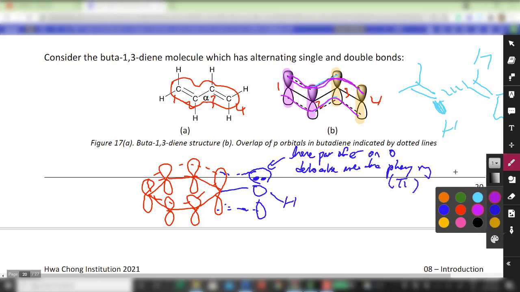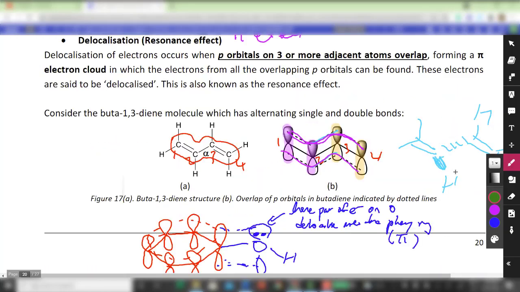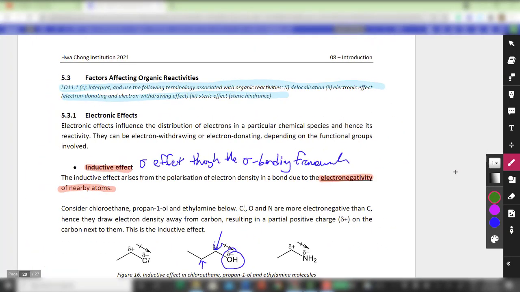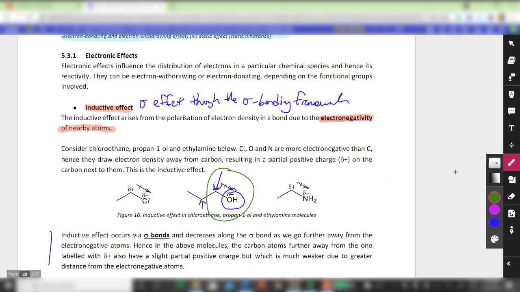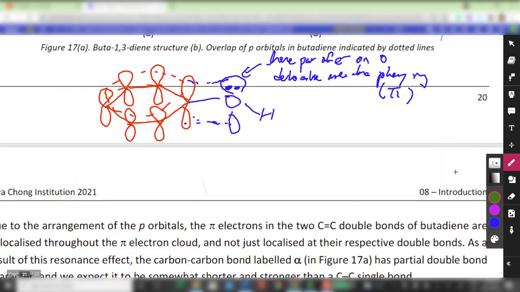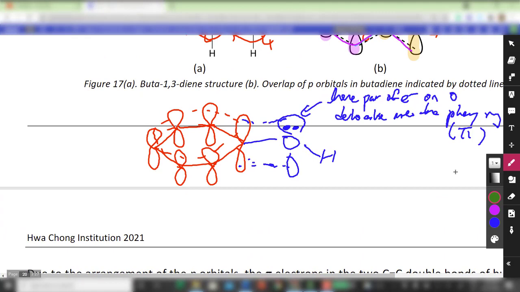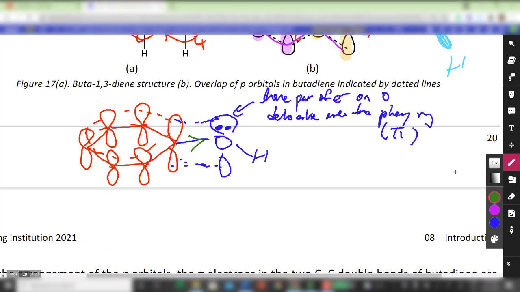However, if you recall what we said earlier on, you will realize that my OH group is inductively withdrawing. Oh yes, you're right. So it is inductively withdrawing. In this case, can you see that the pi effect and the inductive effect oppose each other?